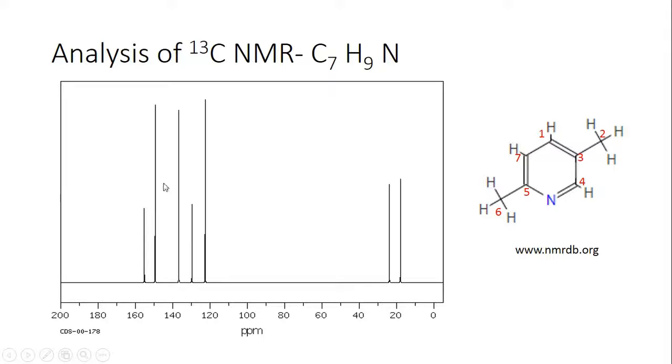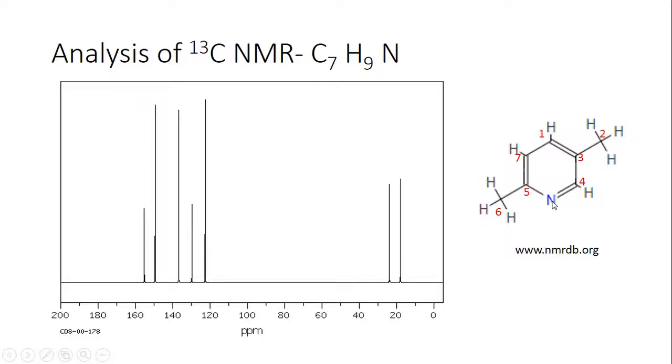And thinking about nitrogen, we know that nitrogen is fairly electronegative. So it would make sense that the carbons furthest away from the nitrogen are going to be the most upfield. And that is indeed the case. Carbon number 2 is the first peak, carbon number 6 is the second peak upfield. And then the most downfield peak here belongs to carbon number 5 since it's the closest to nitrogen.